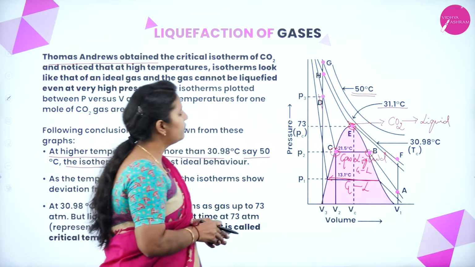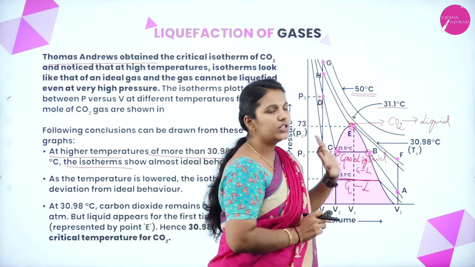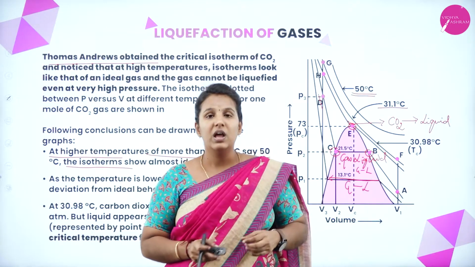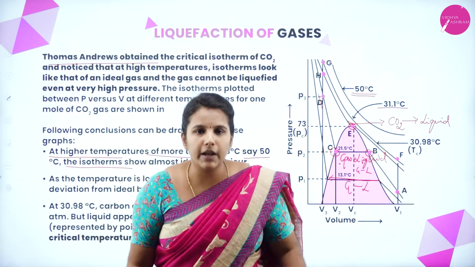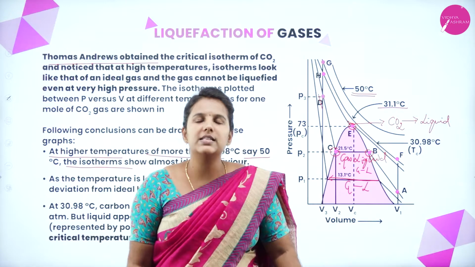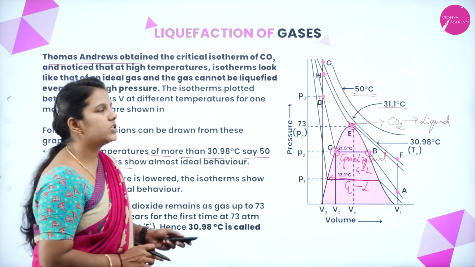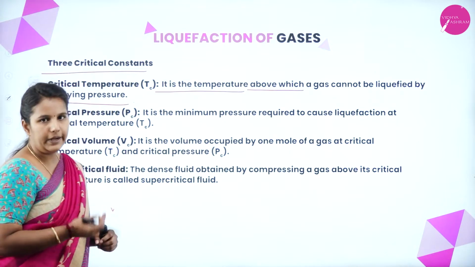Here you can see from this graph at a temperature of 50 degrees and a temperature of 31.1 degrees, when you apply more temperature, the gas molecules are not converted into liquid. Hence it is known as the critical temperature.